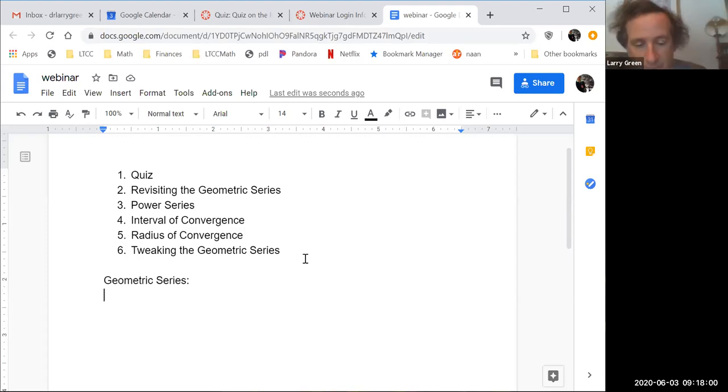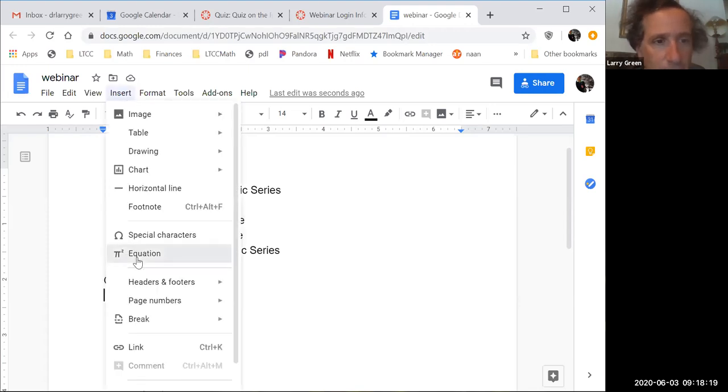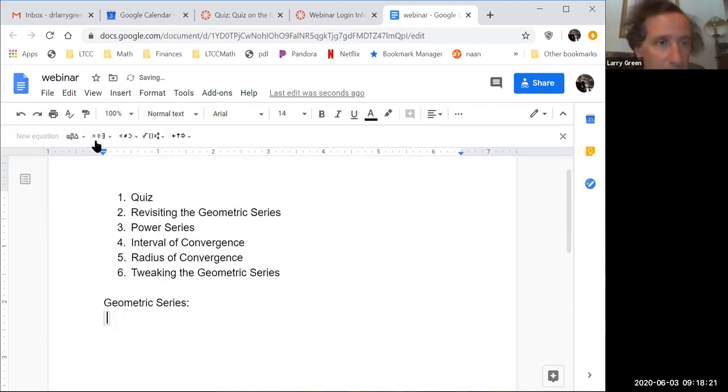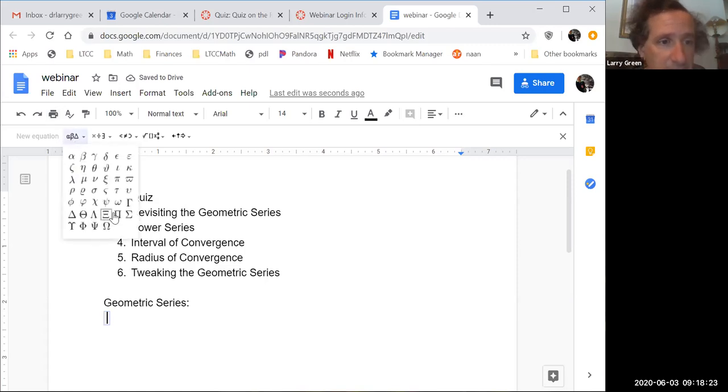Yeah, okay, so a geometric series is exactly that, something to the power of n. And for now, I'm going to use what the book used originally. We're going to change that, but for now, we'll do that. So let's write it out. Insert equation, and it's going to be a summation.